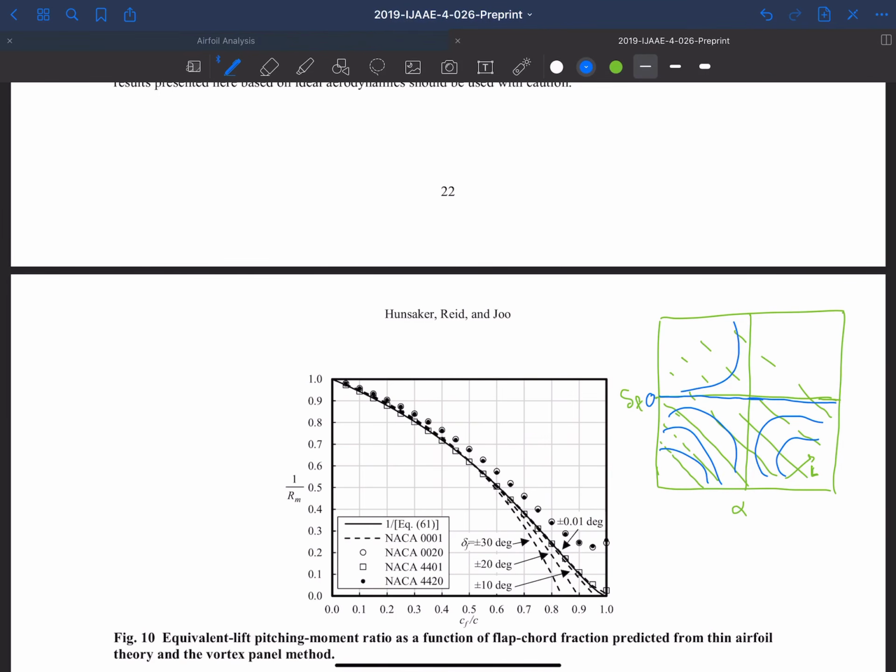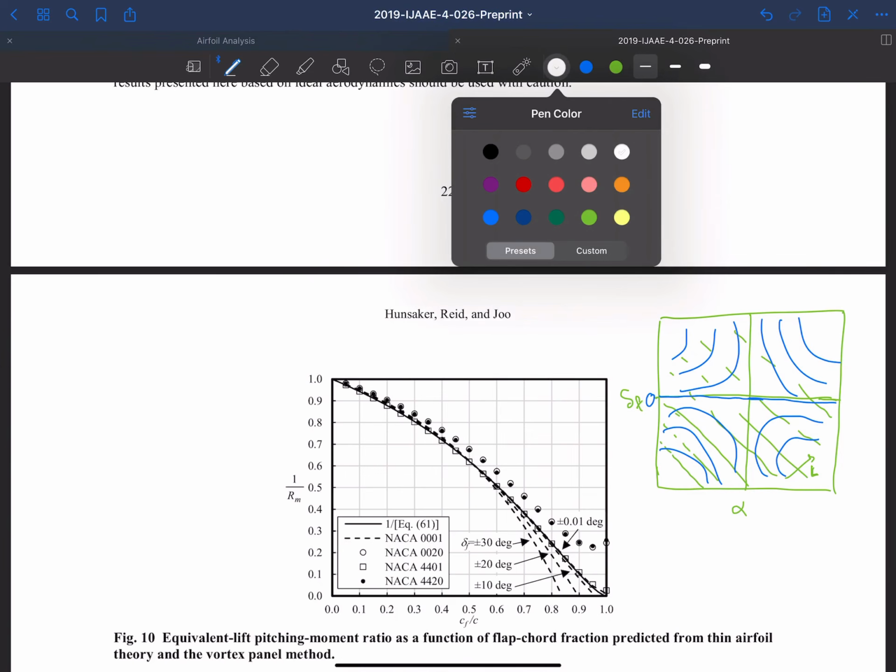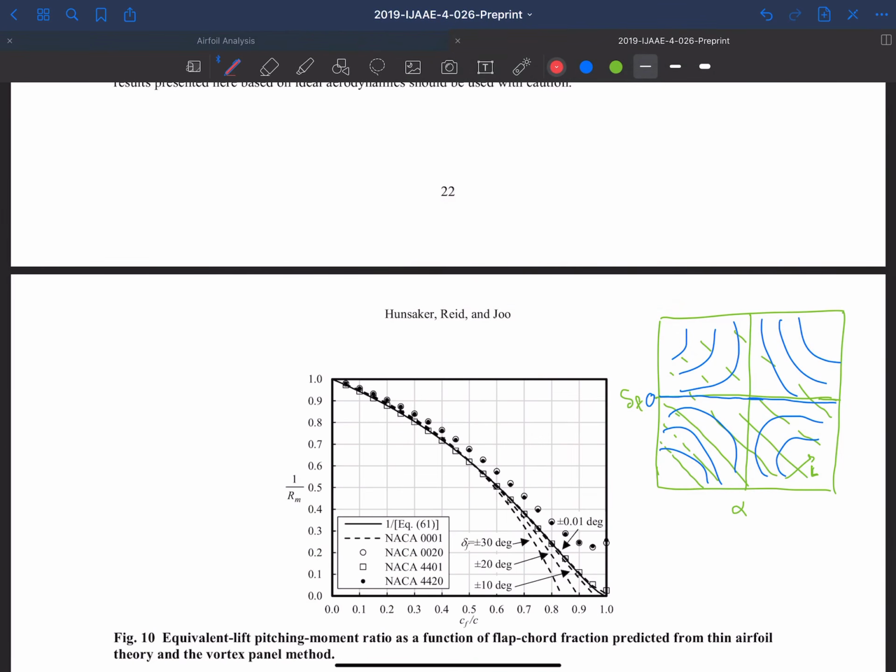They looked roughly like this. Okay, where in these regions here, let me go to a different color, in these regions here, the drag ratio was less than 1, meaning that the parabolic flap had lower drag than the traditional flap.